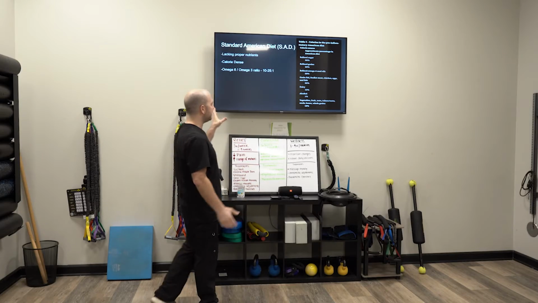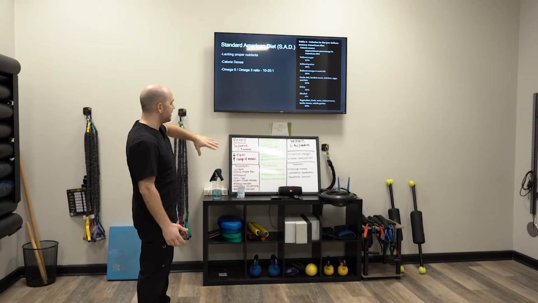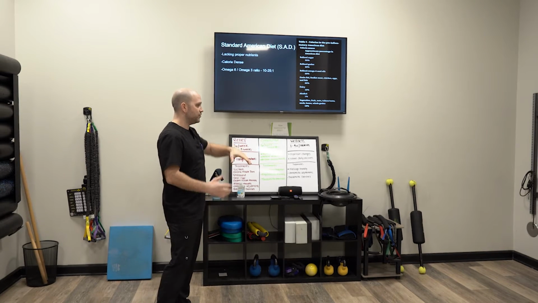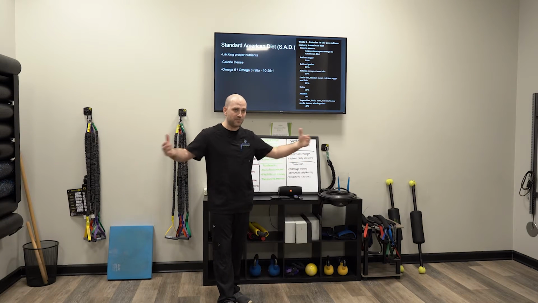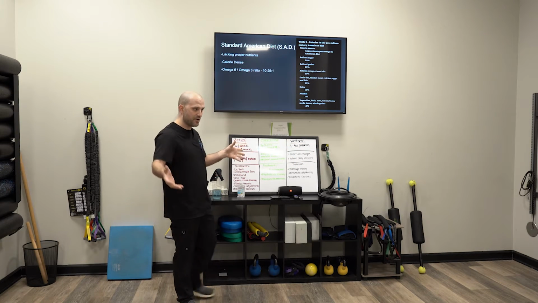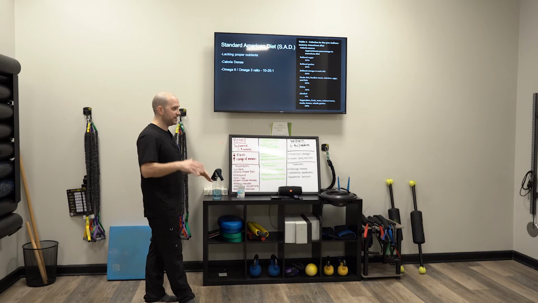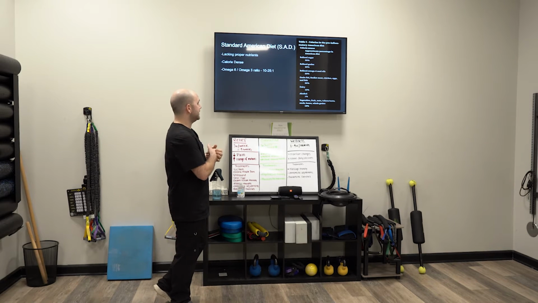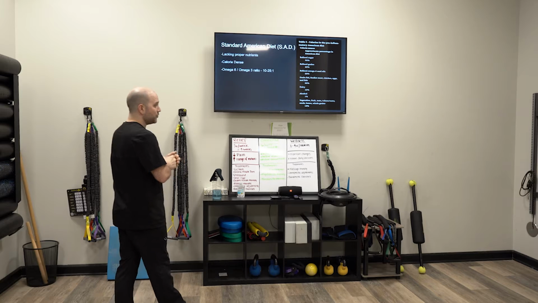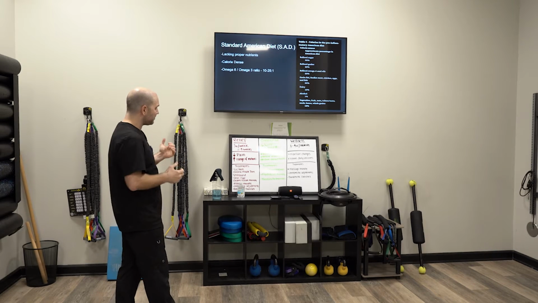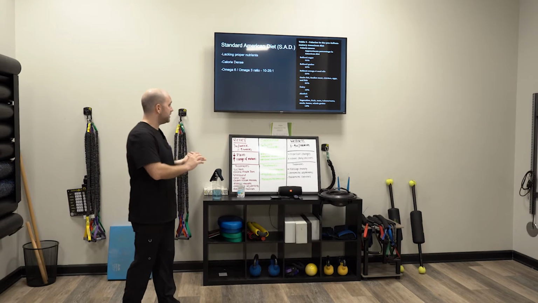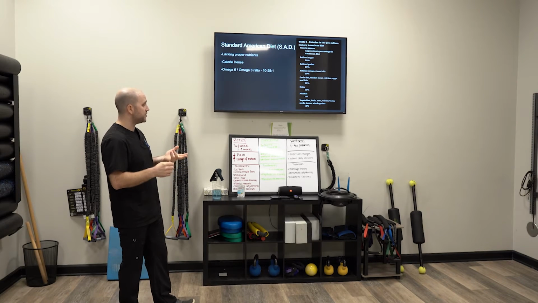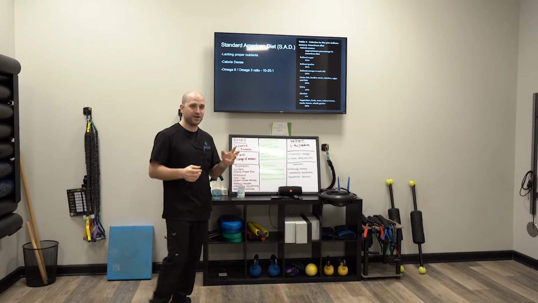Now when you look at the standard American diet, this is basically what 80% of the population in America is eating. If you go into other countries, it does vary a little bit. But ultimately, we look at nutrient content of our foods, calorie content, and the ratio of omega-3 and omega-6 fatty acids.